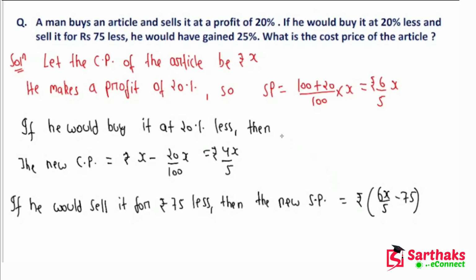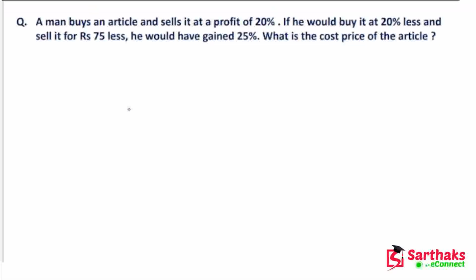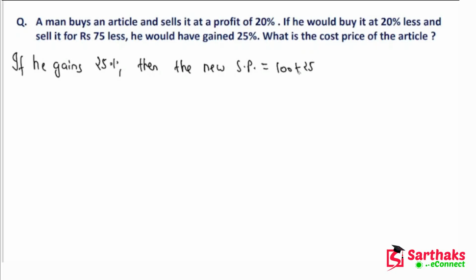Now it also says that he gains 25% when he sells at this price, and what was the cost price on which he is gaining that? At 4x upon 5. Okay, so the question says if he gains 25%, then the new selling price equals to, see, it would be 100 plus gain percent, that is 25 whole upon 100 into cost price. What is the new cost price? The new cost price came out to be 4x upon 5. Now you should learn this formula.